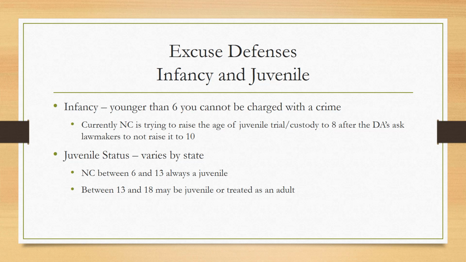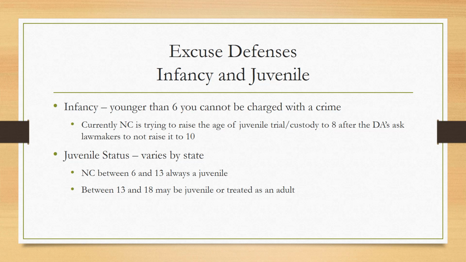At first, the person introduced bills to raise it to age 10, but the Association of District Attorneys asked lawmakers not to raise it as high as 10, that 8 would be plenty high. So the North Carolina legislature, not wanting to run afoul of the North Carolina DAs, said sure. So right now we're debating whether to raise that to 8, but it is currently 6.